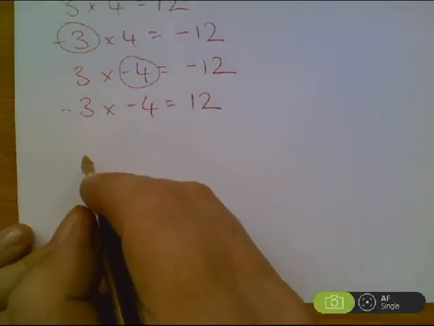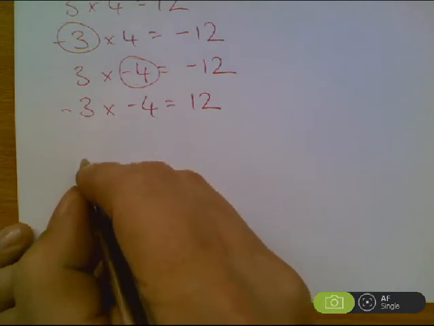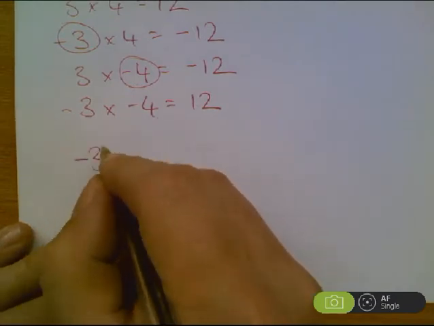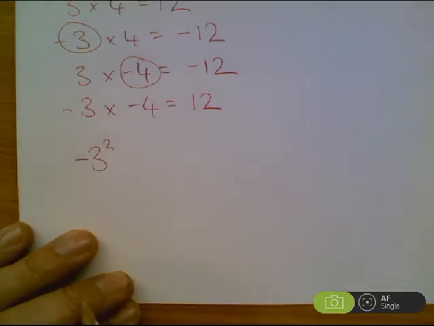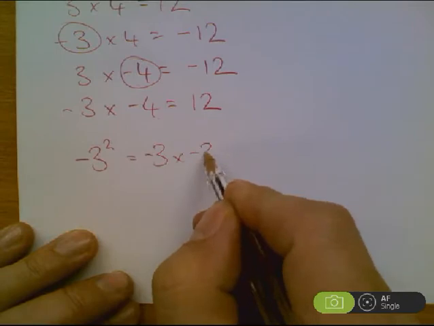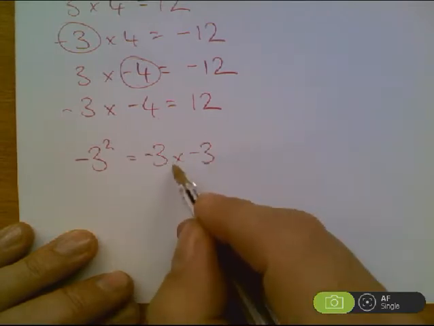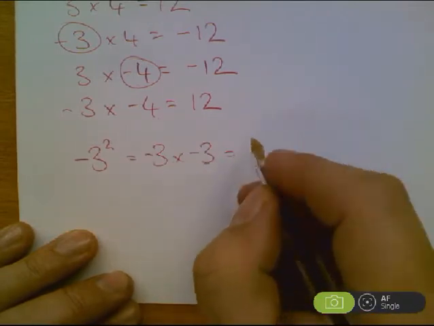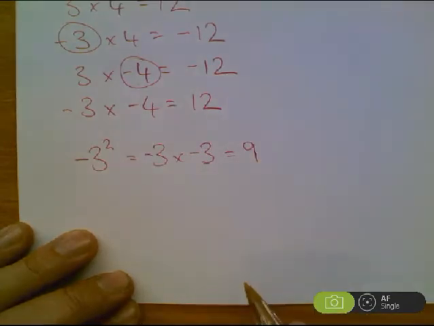Remember, squaring means to times a number by itself. So if I were to do minus 3 squared, now that will be a positive answer, because what it actually means is minus 3 times itself. So minus 3 times minus 3, so the answer is 9.